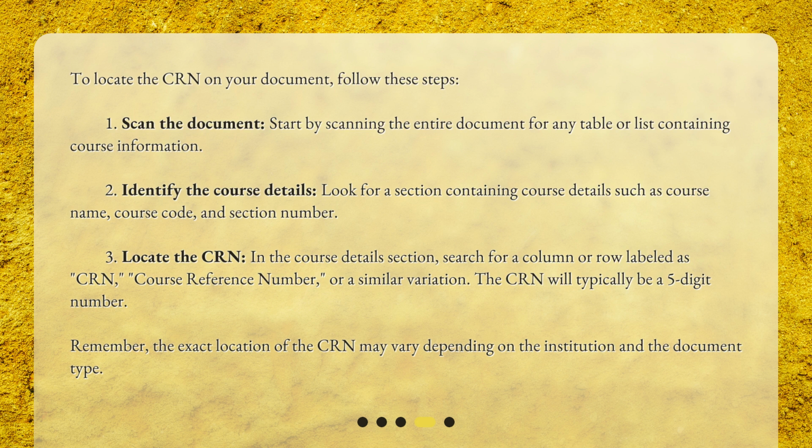Look for a section containing course details such as course name, course code, and section number. 3. Locate the CRN. In the course details section, search for a column or row labeled as CRN, course reference number, or a similar variation. The CRN will typically be a 5-digit number. Remember, the exact location of the CRN may vary depending on the institution and the document type.